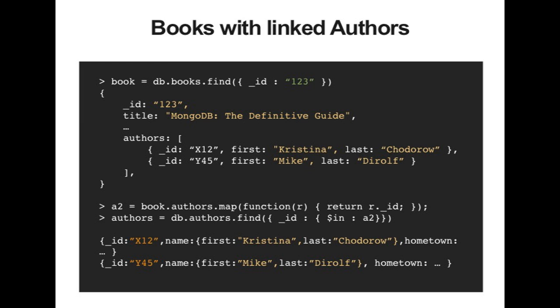However, we have to dig into that authors list in order to pull out the unique IDs to turn around and call to get information in the authors table. But it is effectively the same design pattern, which is find the things that you need, extract the underscore IDs that are important to you, and then turn around and use an in operator to go fetch them from the other collection. Of course, as I mentioned before, you can use projections throughout here.